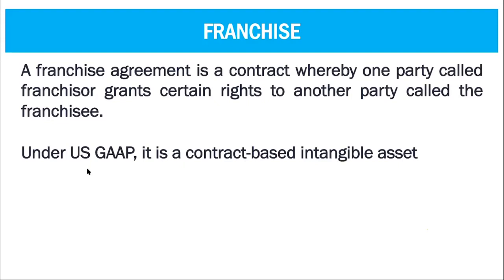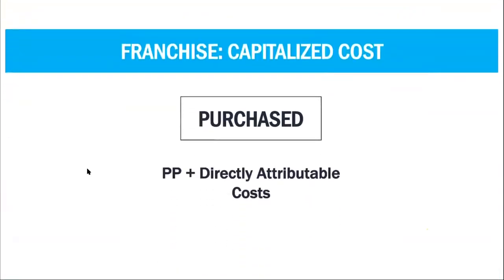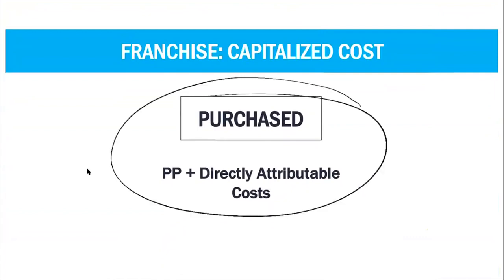Okay. So under US GAAP, this is known as a contract-based intangible asset. So the question is, can you purchase or develop a franchise? Let's go to our initial measurement. On your initial measurement, we only have your purchase. Why?